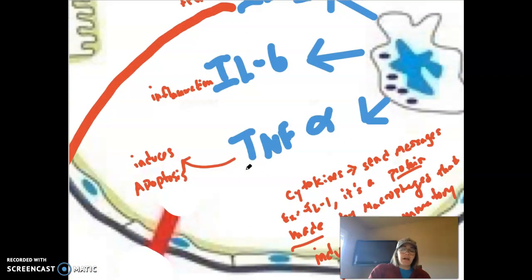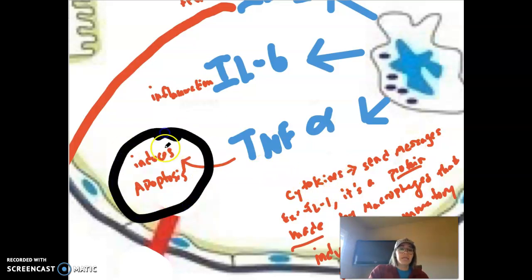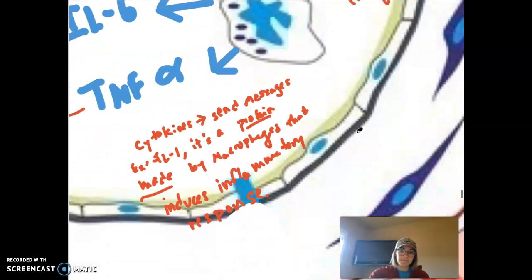And then TNF-alpha, as I said before, we're getting a bunch of dead cells, and these are going to induce apoptosis of the cell so that there are no more cells for the virus to infect. Obviously, that leads to more of a coughing response, that you have to get rid of those dead cell crud pieces.